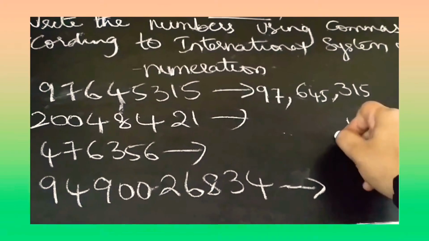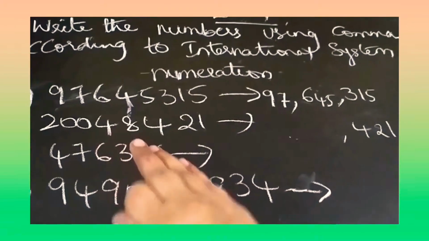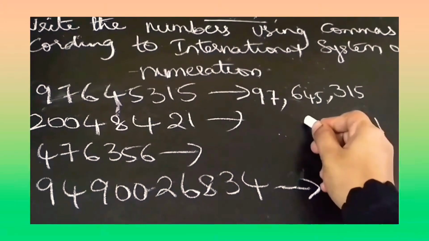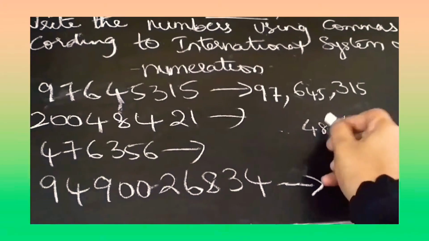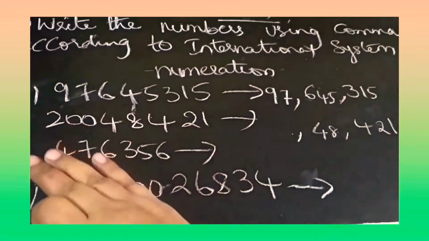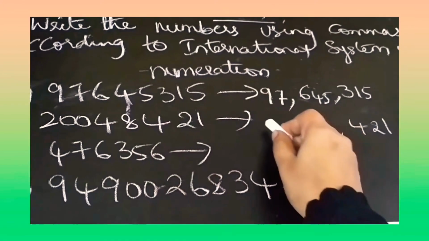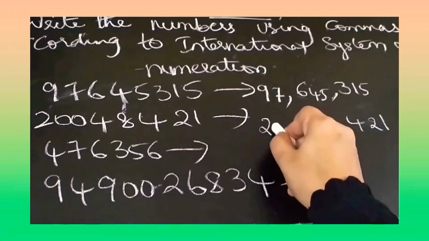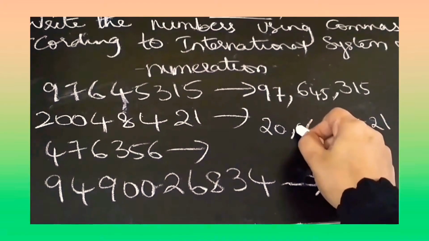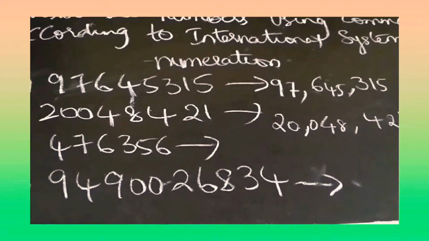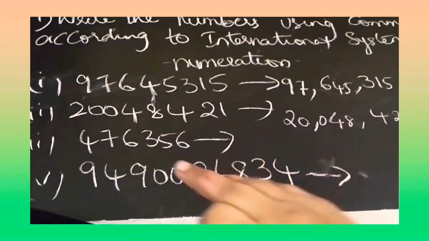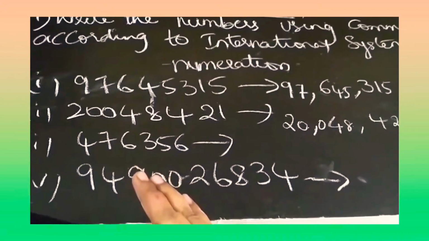Then what is there? 48,000. Again 48,000 is there. Then again 20 million is there. Okay, got it.